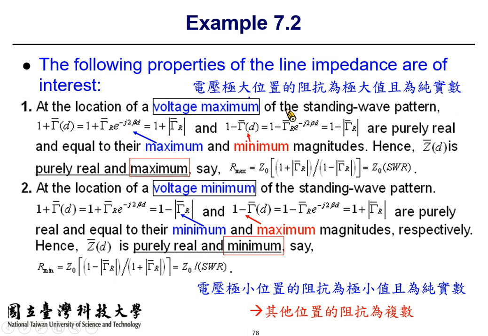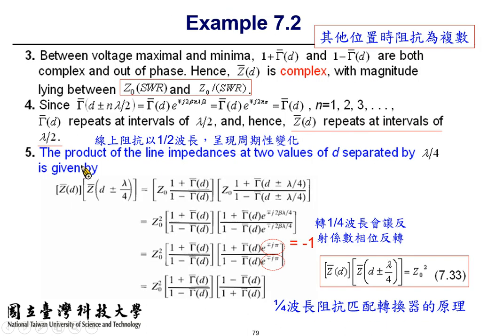On the other end, you have voltage minimum and current maximum, and the resulting impedance is a pure real number, marked as R minimum, and it's Z sub 0 divided by SWR. At any other place, the impedance is a complex number. And if you take the product of R maximum and R minimum, you will end up with Z sub 0 squared.